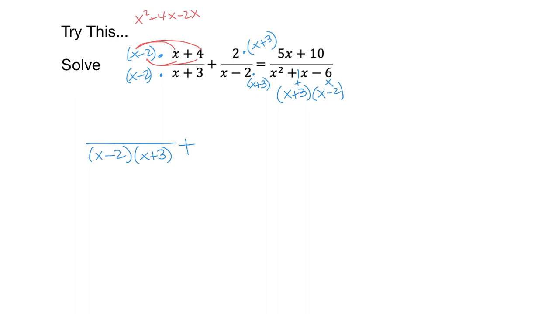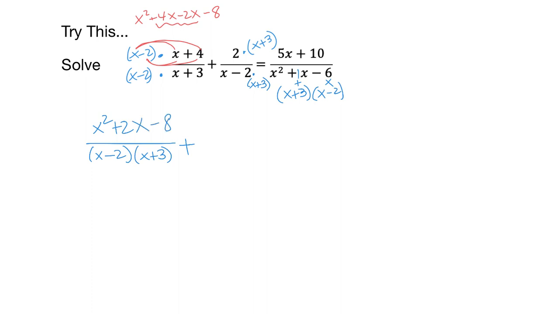Oh, negative 8, excuse me. All right, so now when I go put it down on my fraction below, I can put those like terms together. That's why I wrote it up at the top to make sure I had it all simplified. So x squared plus 2x minus 8.